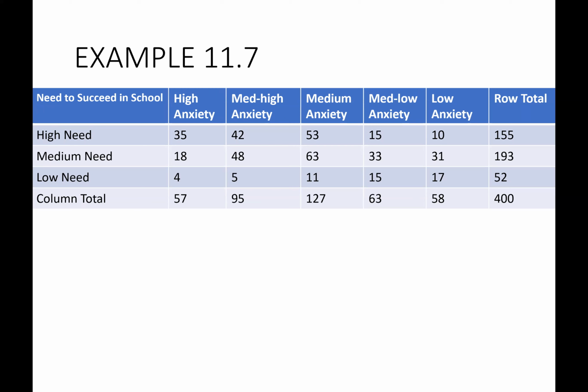And we have 5 columns: high anxiety, medium high anxiety, medium anxiety, medium to low anxiety, or low anxiety. So we have a 3-row, 5-column table. And we're going to put this in our calculator, and then we're going to calculate the expected values.